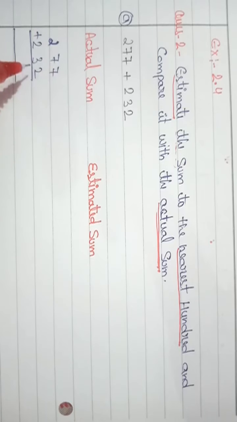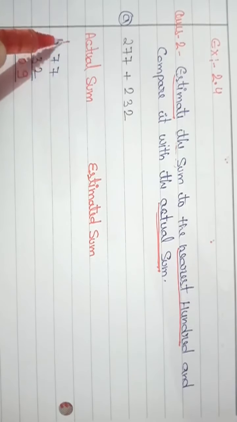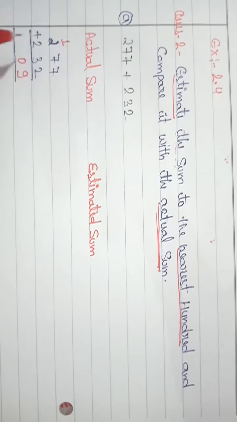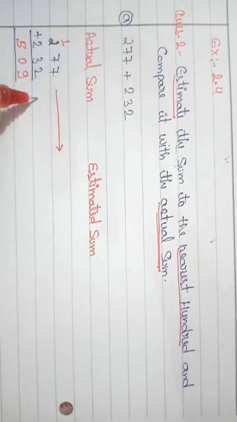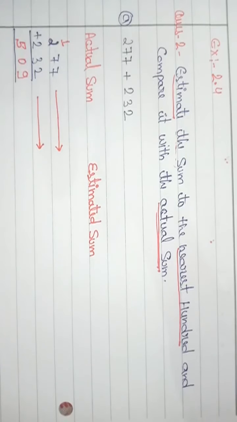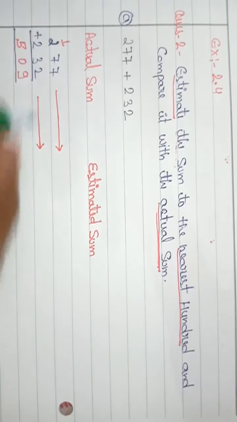So add them. 7 and 2 is 9, 7 and 3 is 10, 1 carry, 200 place. Now 2 and 2 is 4 and 1 is 5. Okay, and its estimated nearest 100.